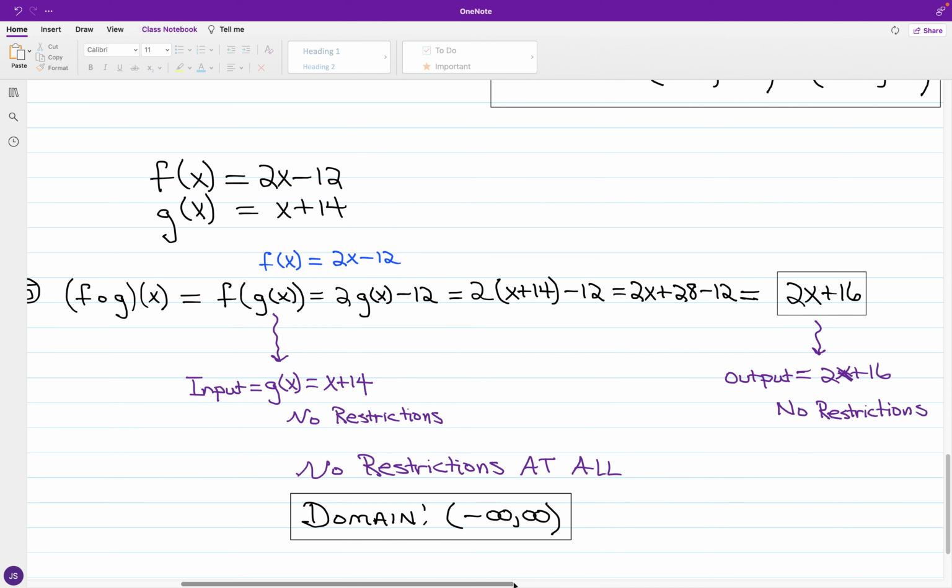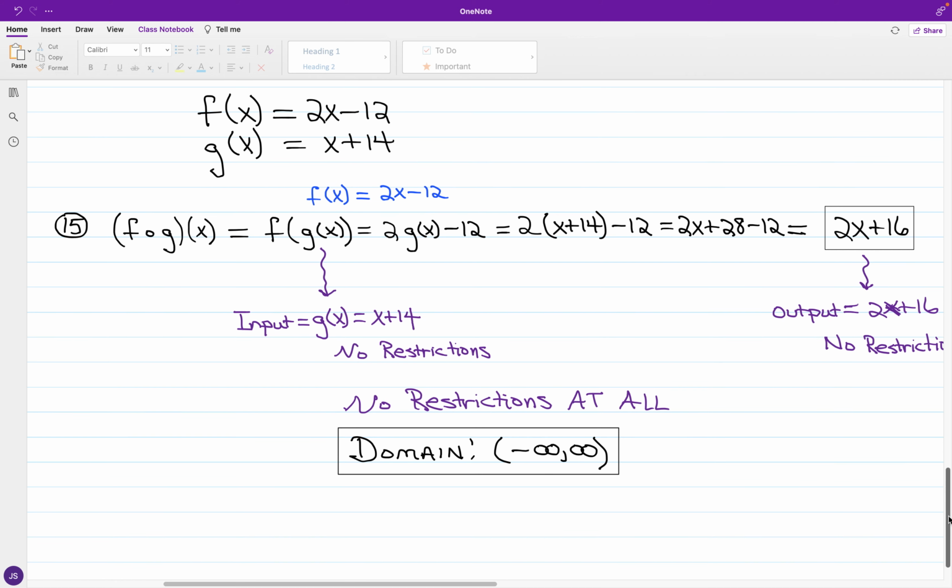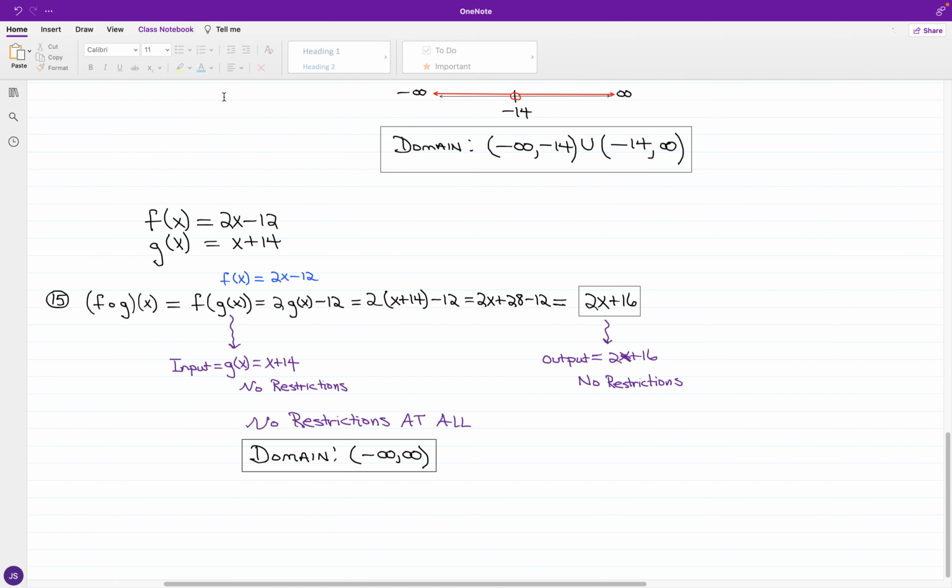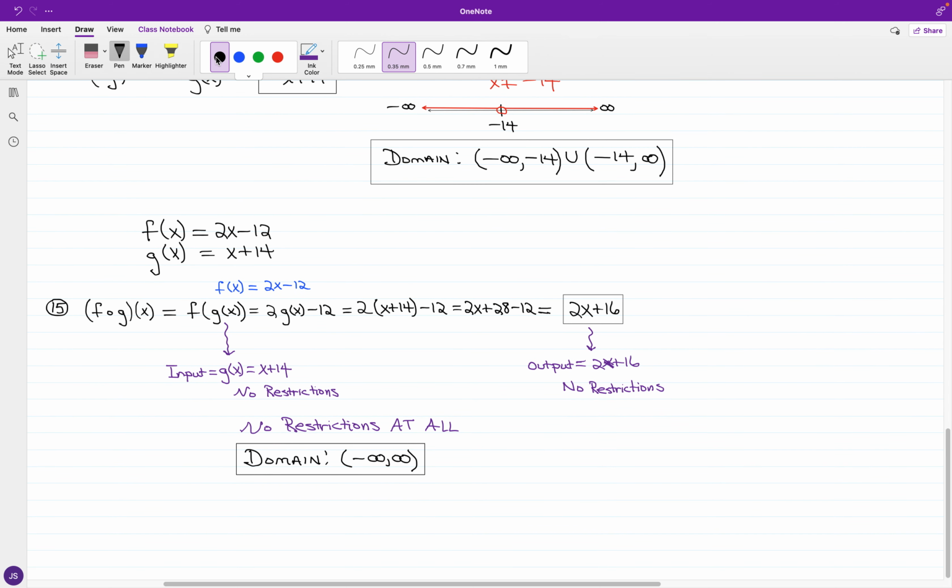Okay, and for the case of taking the reverse order, going from f composed with g of x to g composed with f of x, now I have g of f of x. So it's trading places, in a sense, between what's the input and what's the output.